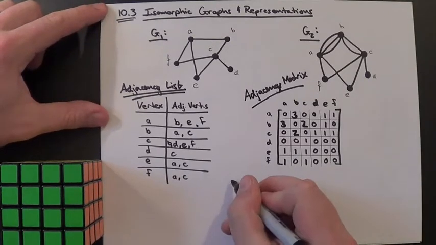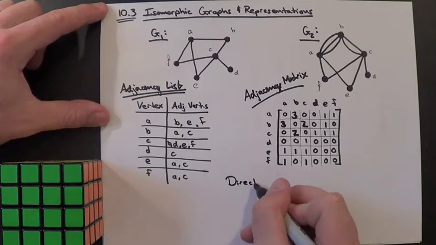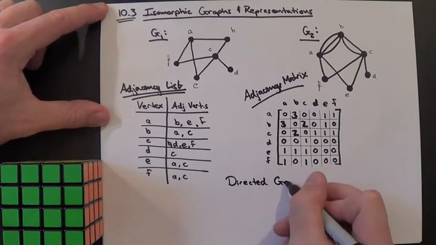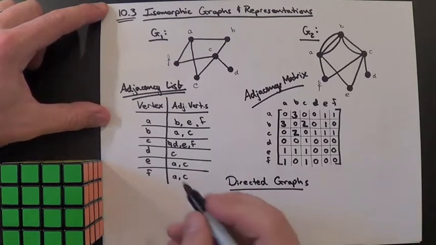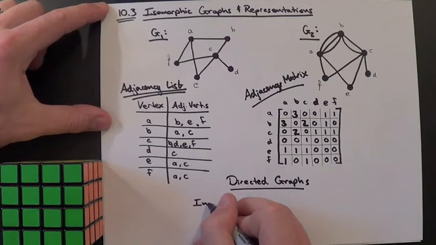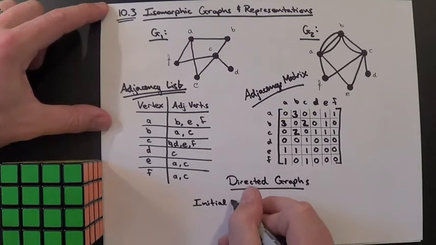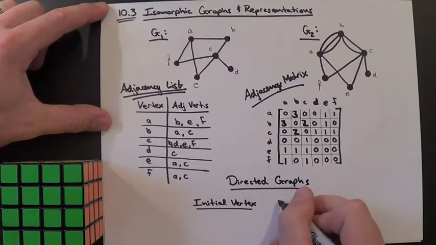Now with the directed graph, again, these are undirected graphs. With the directed graph, not much changes. But with our adjacency list, we'll have an initial vertex column and terminal vertex column.